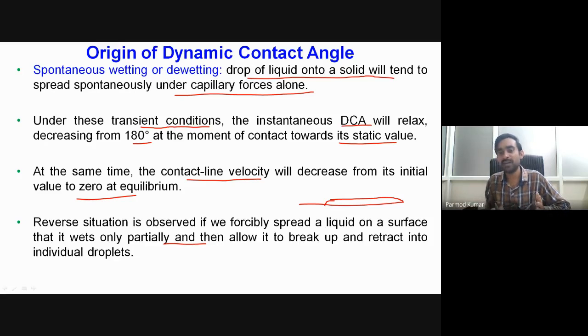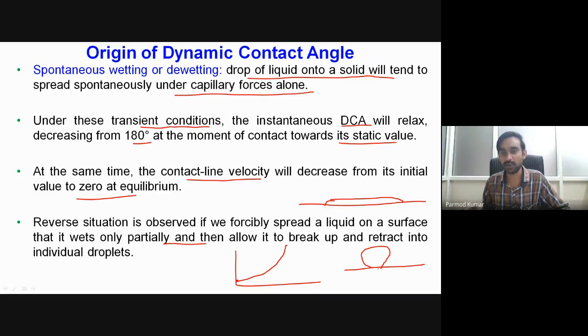So the contact angle will change from a small value and try to reach some equilibrium high contact angle value. You can see here, if this was the initial state, the final state of the droplet profile will be something like this. That is the phenomenon if we consider the reverse situation, where over a hydrophobic surface we create a thin film of liquid.